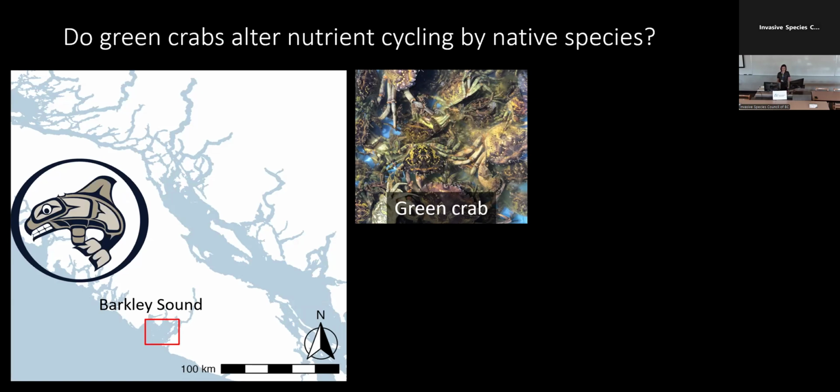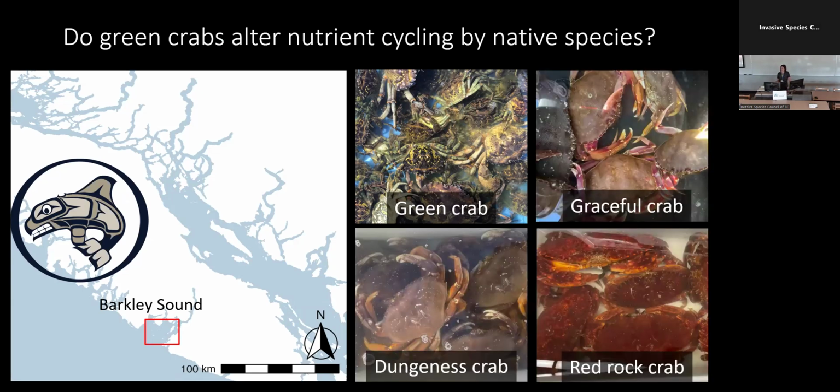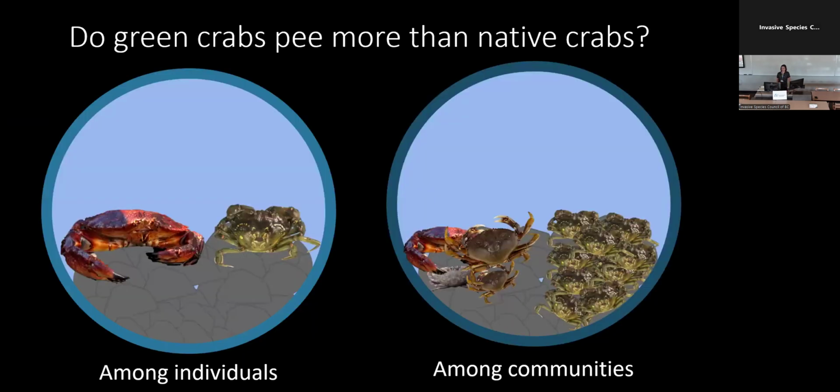And so I'm comparing these invaders to 3 species of native crabs: graceful rock crabs, Dungeness crabs, and red rock crabs. And so I was really curious whether these green crabs might pee more than native crab species, both on an individual level and also among communities.